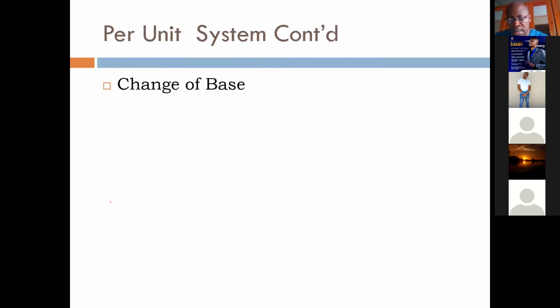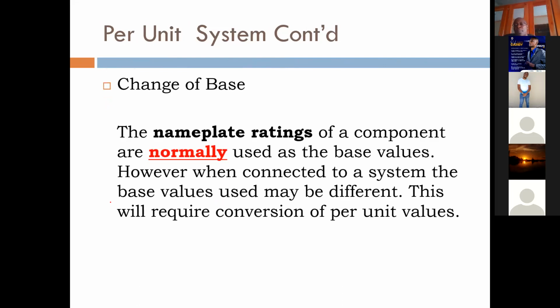So we start by talking about change of base. And this is what I just said. The nameplate ratings of a component are normally used as the base values. So that is what the manufacturer will give you. So when you get a transformer and it is rated at 0.1 per unit, that 0.1 per unit reactance is based on the nameplate values.